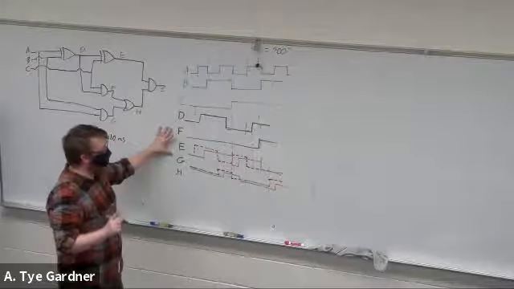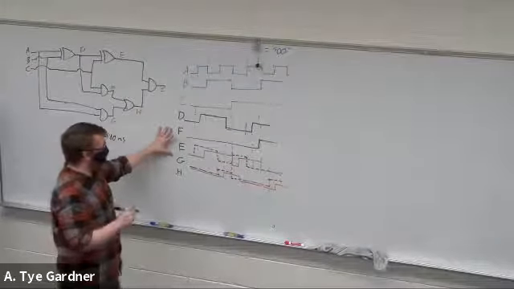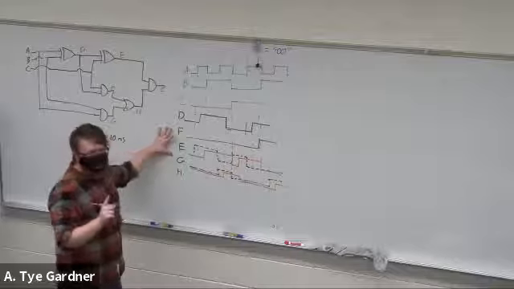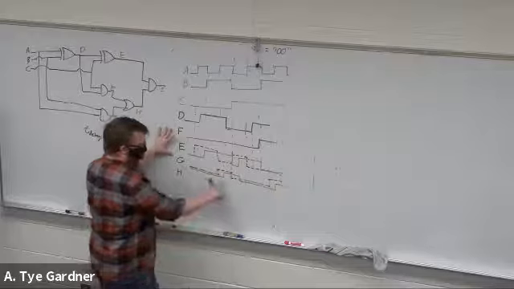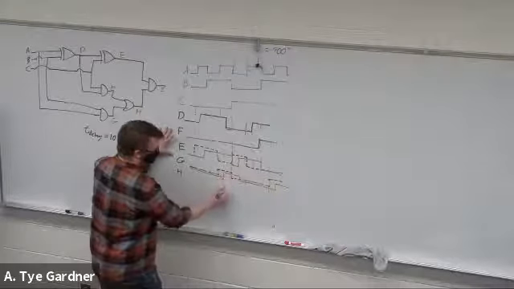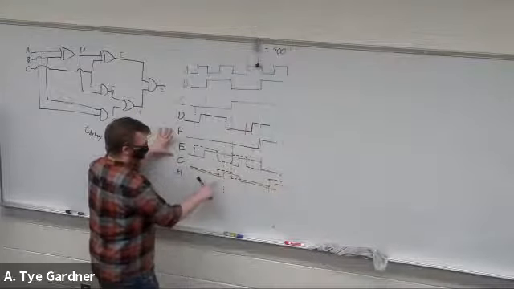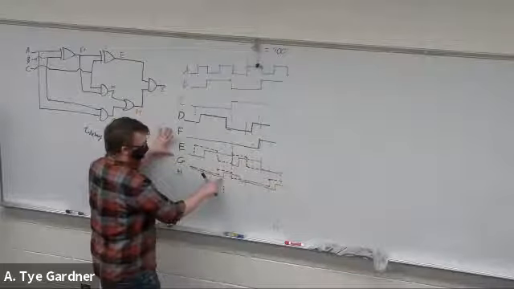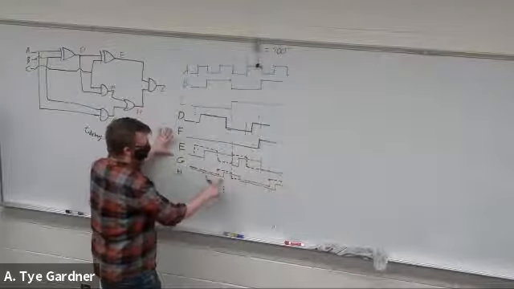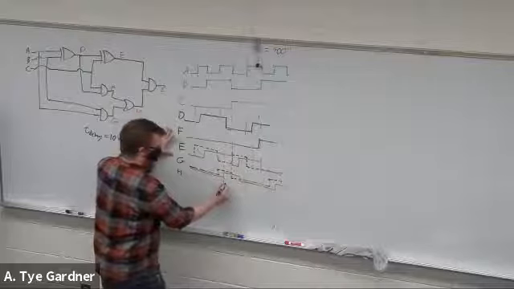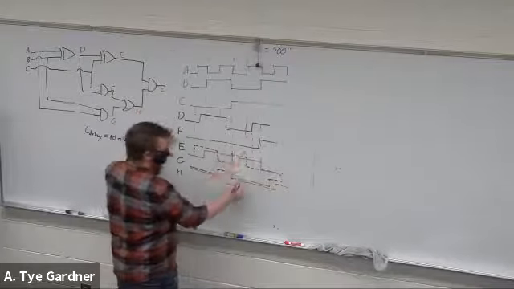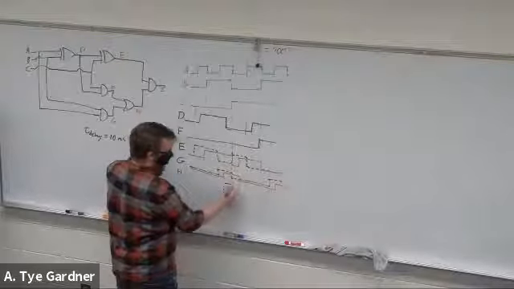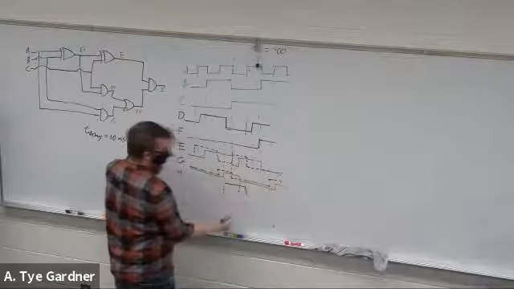So if either one of them is true, H is true with a half period delay. So what does that mean? Well, we go here and I say half a period after this one, H can go true. And then half after this one, it drops back false.